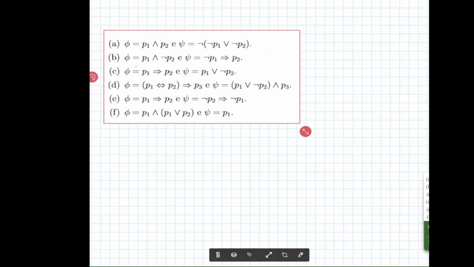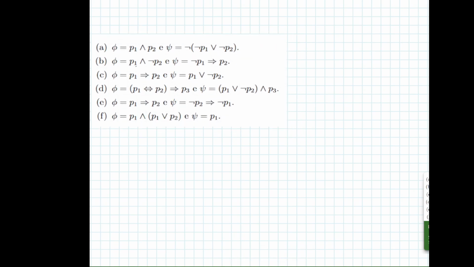For this following question, we have this set, this group of formulas.